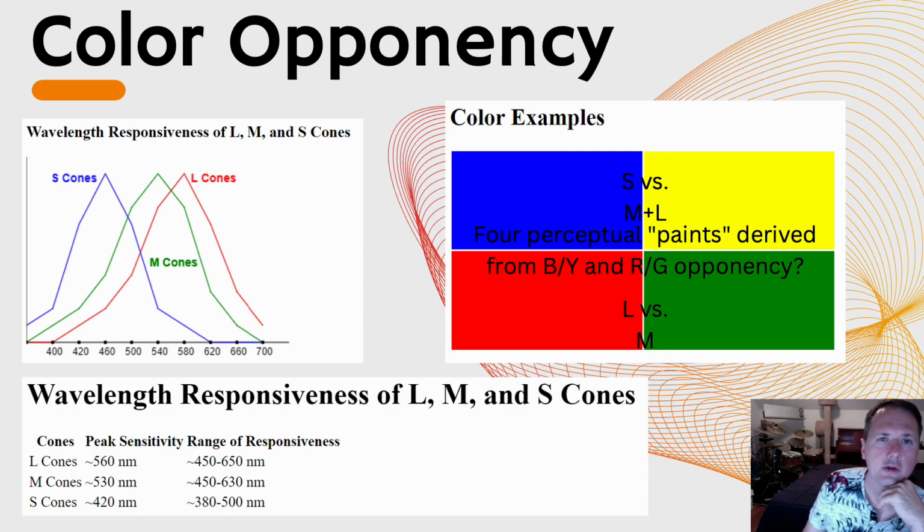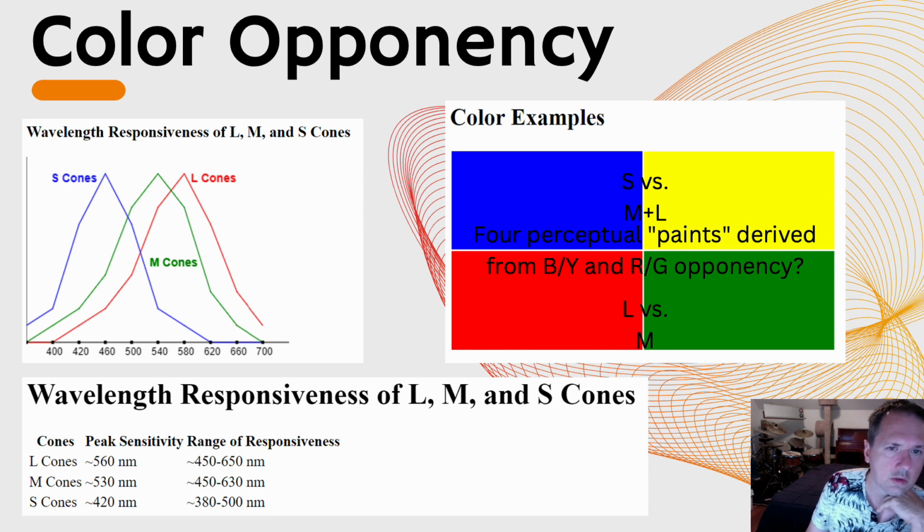Okay, this is color opponency. So you have blue versus yellow and red versus green. And to get that, you've got these three cones in your eye: the short cones for blue receptivity, the medium cones for green receptivity, and the long cones are honestly more for yellow receptivity, but they call it the red cones. And then the combination of these gives you the opponency.